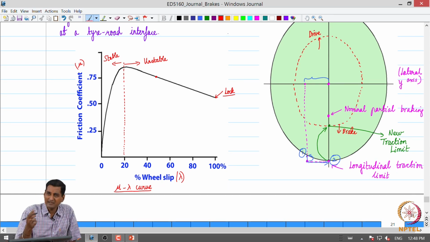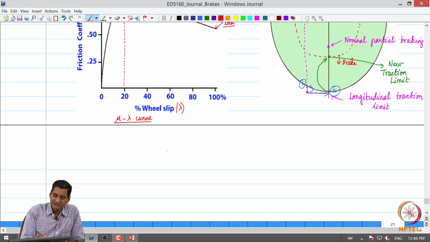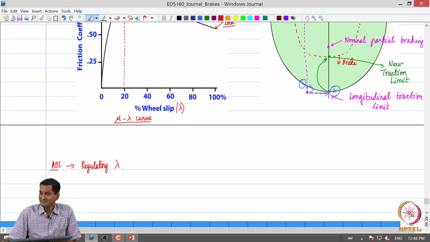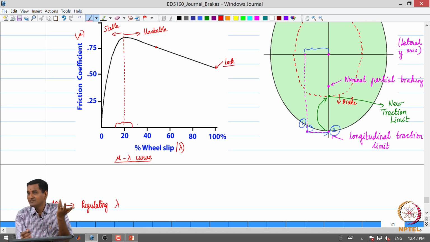So, if you look at it from a controls perspective, the problem of ABS can also be posed as a problem of regulating lambda, is it not? See, if I can regulate lambda, let us say in a region around the peak, between 10 and 20%, then would I get nice stable braking?